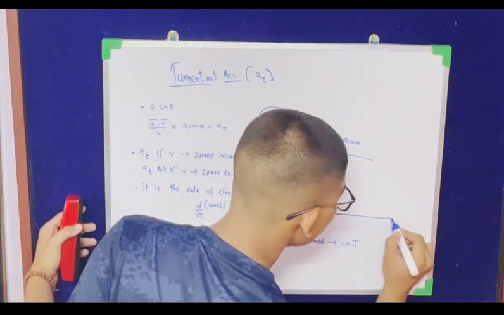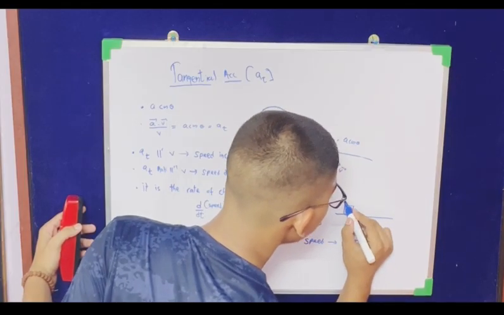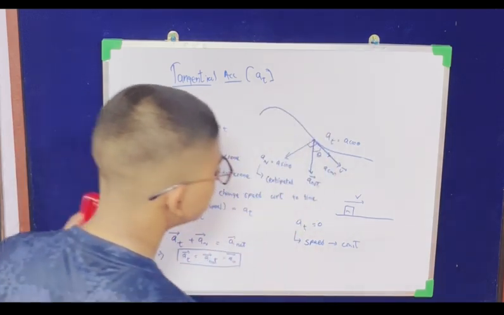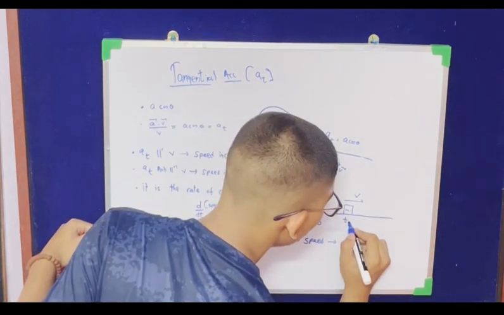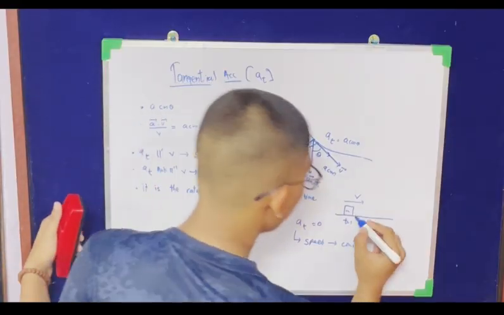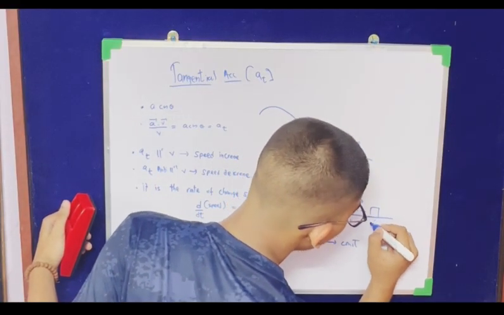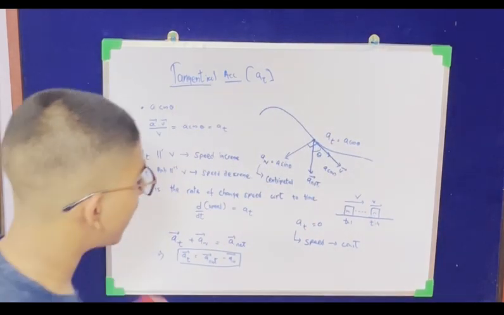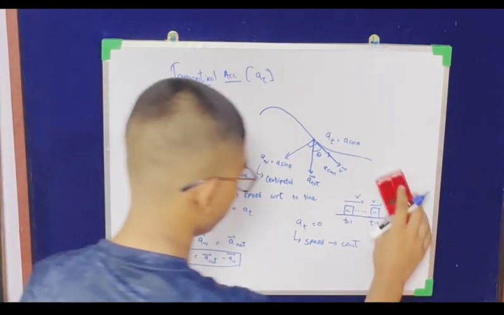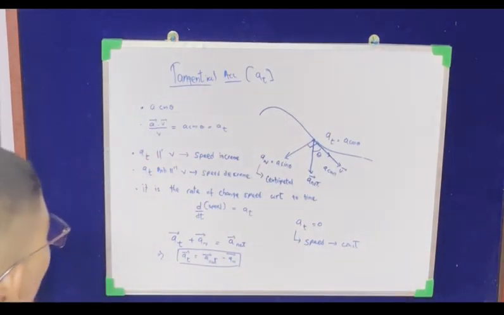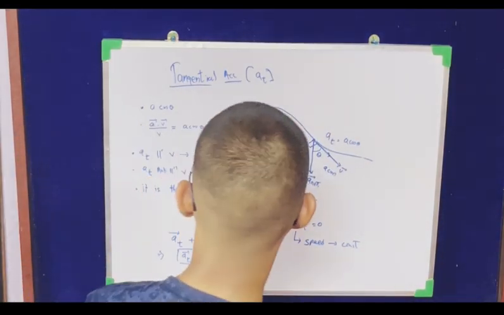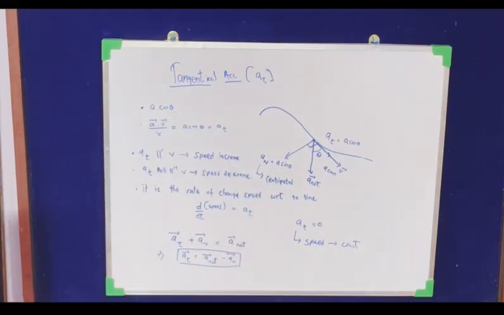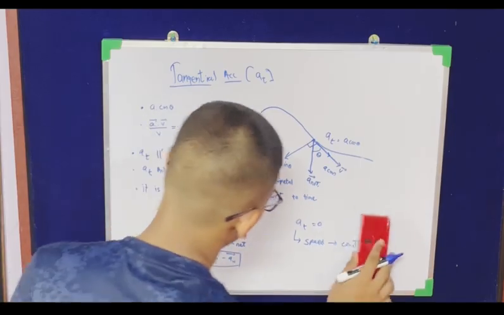Like this, if an object of mass m is moving with a velocity of v, can you see the magnitude is not changing? At t is equal to 1, it is moving with velocity v, and after some time, let's consider t is equal to 4, it is also moving with the same velocity. So in this case the tangential acceleration is equal to 0. I think we got an idea of tangential acceleration. Now let us focus on what is normal acceleration.